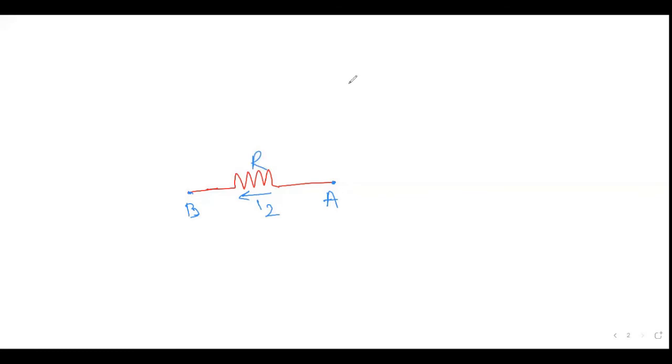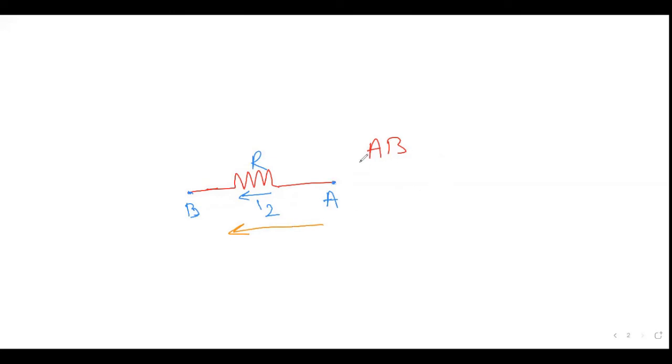For this case, if we are tracing our circuit from A to B, in this direction, and we compare the direction of I2 with the direction in which we are tracing the circuit, they are the same.